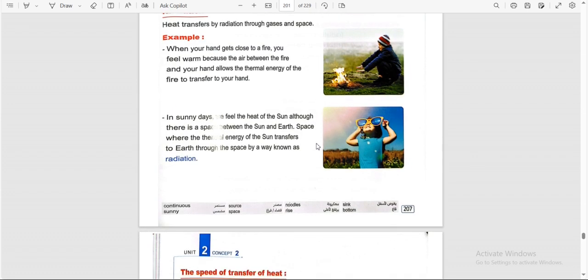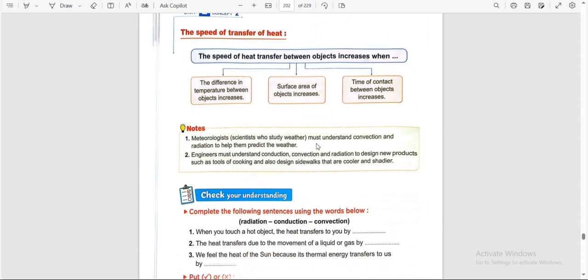Now, let's talk about what affects the speed of heat transfer. What makes it faster, what makes it slower? Three things. First, the difference in temperature between objects. As the difference increases, heat transfers faster. What do we mean by this? Let's imagine we have two beakers.